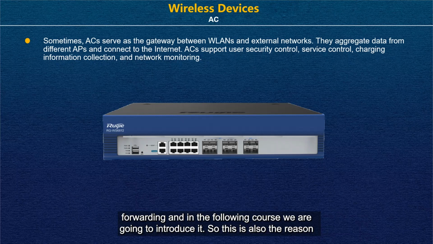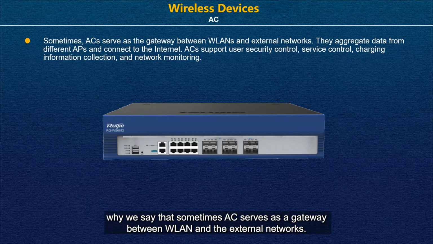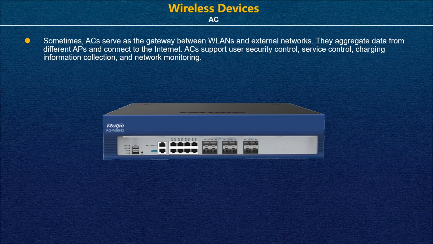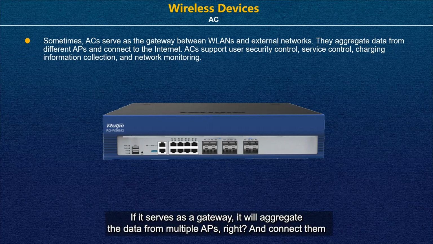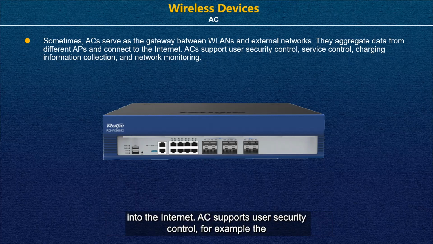So this is also the reason why we say that sometimes AC serves as a gateway between WLANs and the external networks. If it serves as a gateway, it will aggregate the data from multiple APs, right, and connect them into the internet.